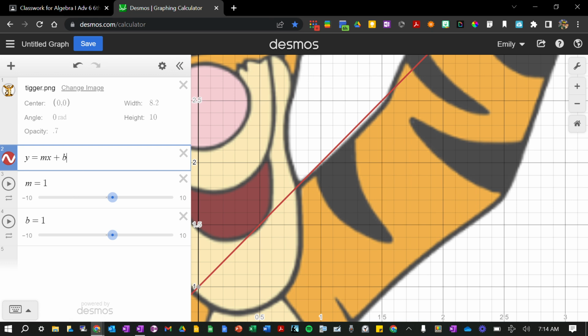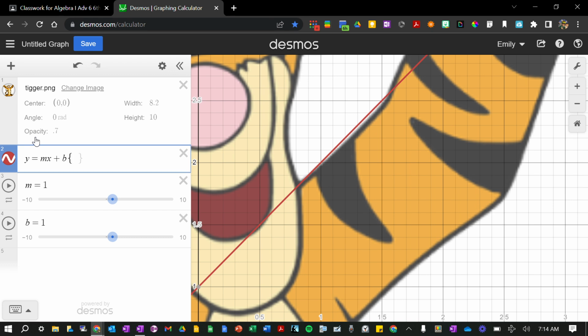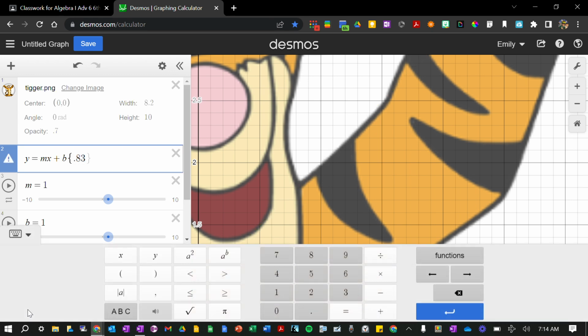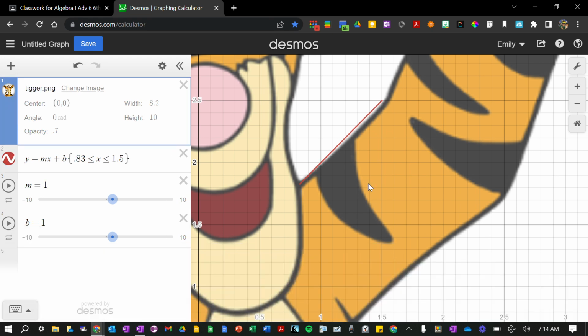I'm gonna go to the end of my equation right here and type a curly bracket, which is right under your backspace key. And we'll do 0.83 is less than or equal to x, which is less than or equal to 1.5. Now Desmos has restricted the domain of that line to just between those x values.